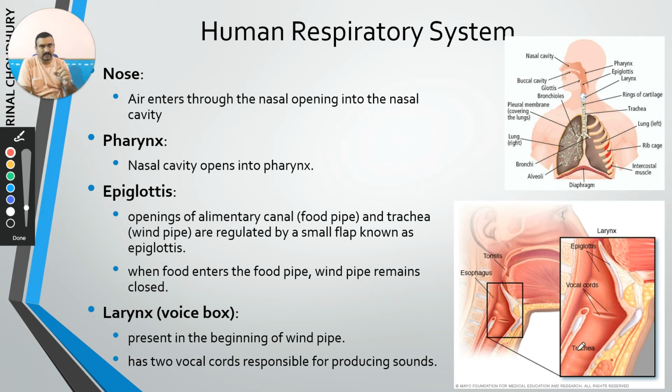At that instant, if food enters through your trachea, then it can cause problems. That is why it is ensured that at any time when the food is going through the esophagus, the epiglottis keeps the trachea closed.